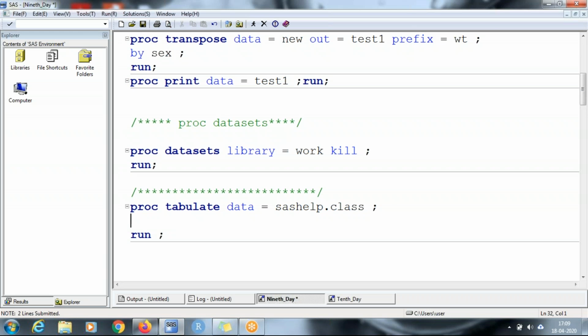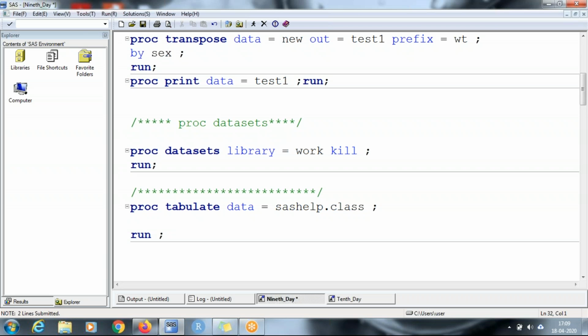So proc tabulate is a procedure which helps you to organize your data in a tabular format, with or without statistical analysis. Just think of it as a procedure: once you're done with all your data merging and your data is ready, you are going to present it, and that is where this comes in.